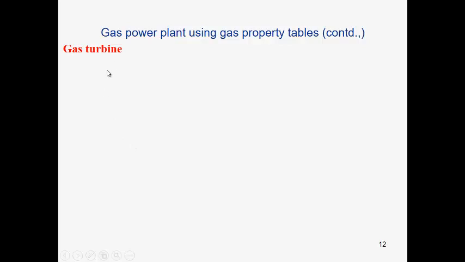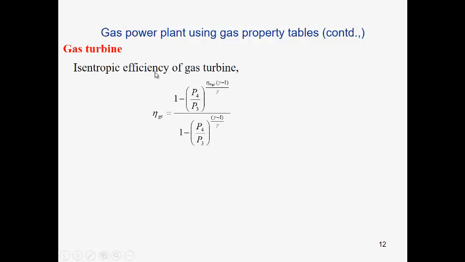The solution of this gas turbine is very similar to the air compressor. The isentropic efficiency of the gas turbine is determined from the polytropic stage efficiency, and the temperature at the exit of this gas turbine is again determined by assuming isentropic expansion.